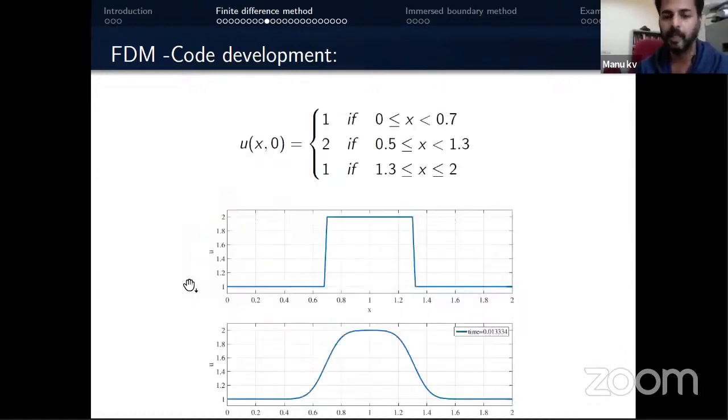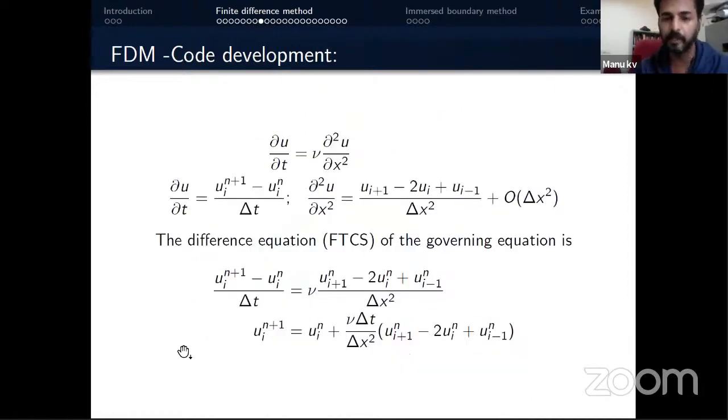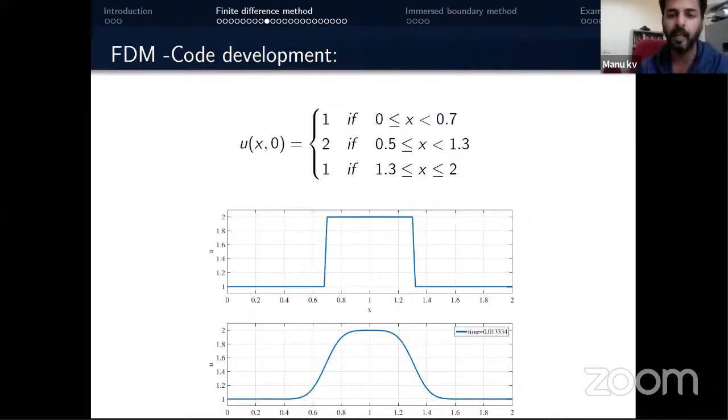In fact, if you look at this particular equation, the most important part is nu delta t by delta x square. This is also an extremely important number. Depending upon that particular value, we will get either a stable solution or an unstable solution, and that value we have to determine using the stability calculation.